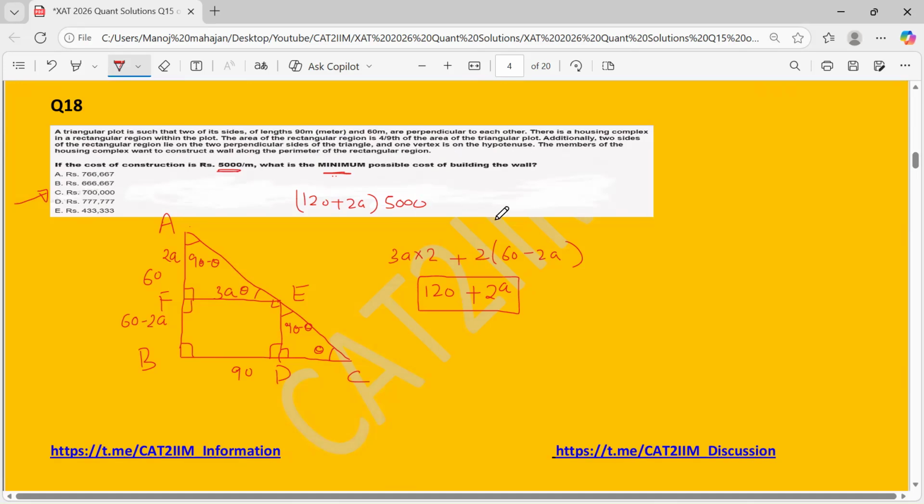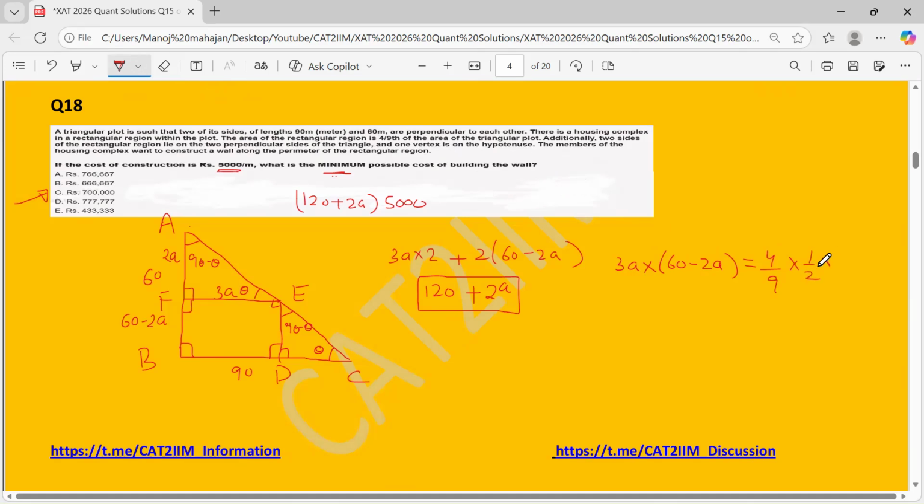So how to get this A now? We know the area of the rectangular region, which we calculate as length into breadth: 3A multiplied with 60 minus 2A. It was a bit tough, for sure. This is 4 by 9 of the area of the triangular plot.